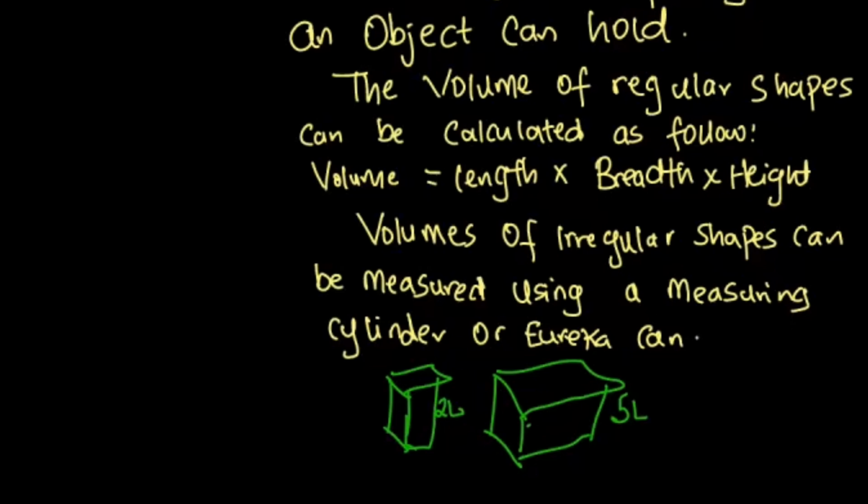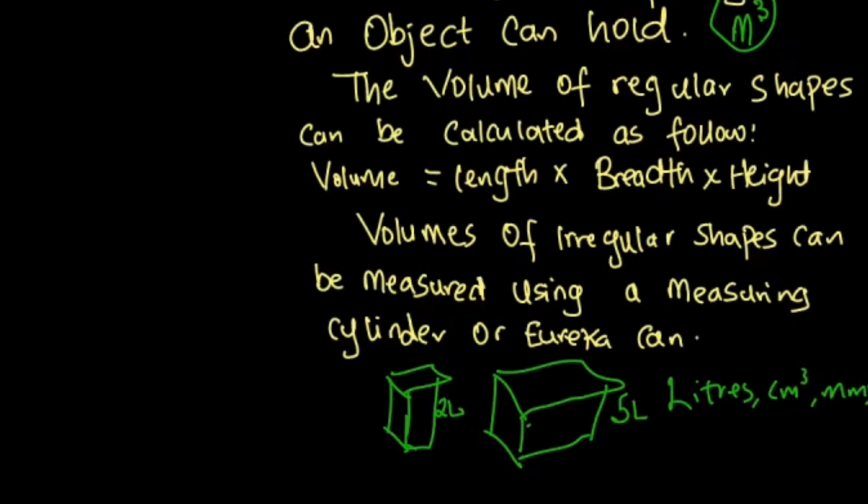And volume is measured in meter cube as the SI unit, though we can have other units like liters, like I said earlier, centimeter cube, millimeter cube, DL, and so on and so forth. Now, the volume of a regular shape.